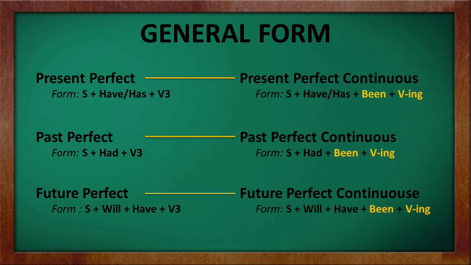And for the future perfect continuous, the general form is subject plus will plus have plus been plus verb-ing. Okay, this is the general form for the six tenses that I will talk about in this video. Let's check the next material.